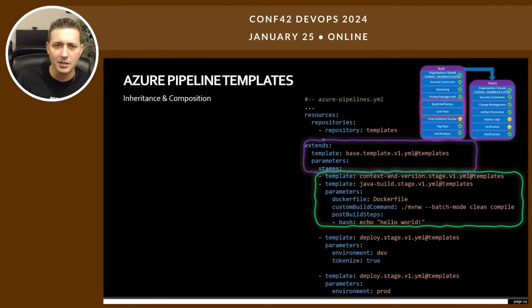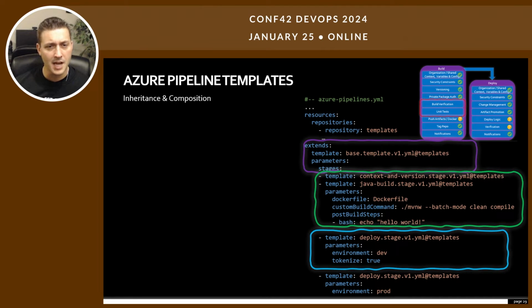We're telling it the Docker file and the build command, so that way I don't have to worry about that. I can still apply customizations through post-build steps if I want to codify that as a parameter. And then I can deploy very declaratively because I have all this pre-baked and ready to go and use it multiple times to deploy either to dev or to prod using the exact same logic that I can guarantee since it's using the same template.